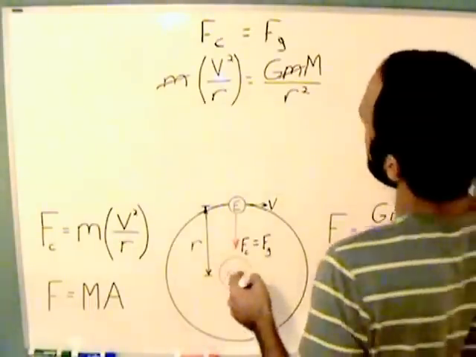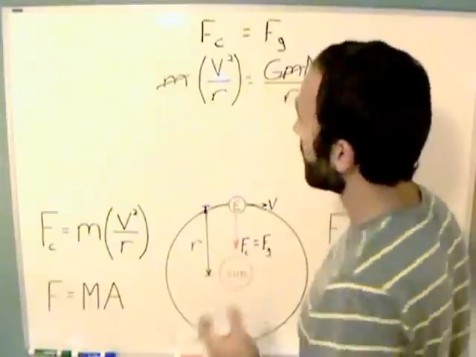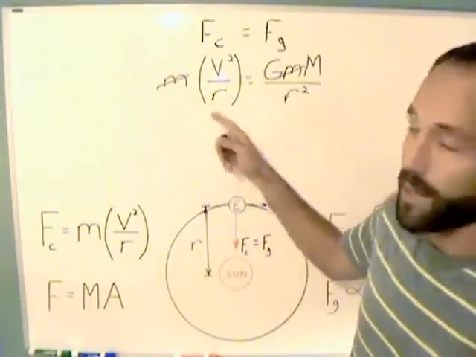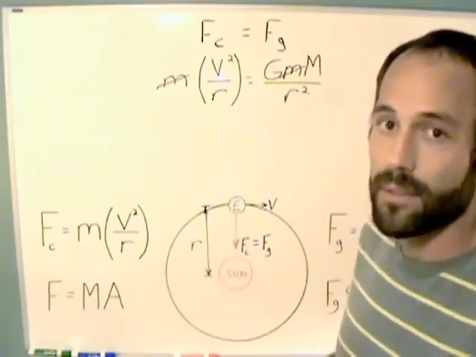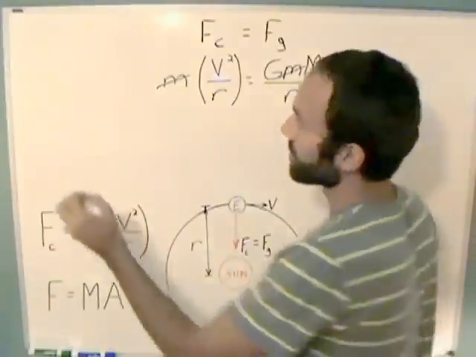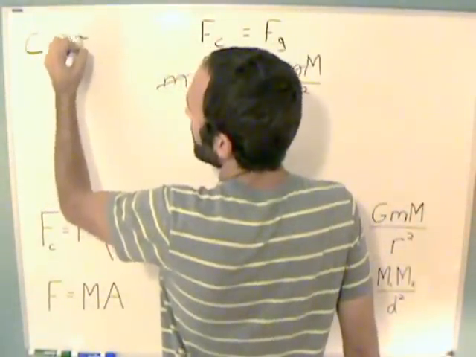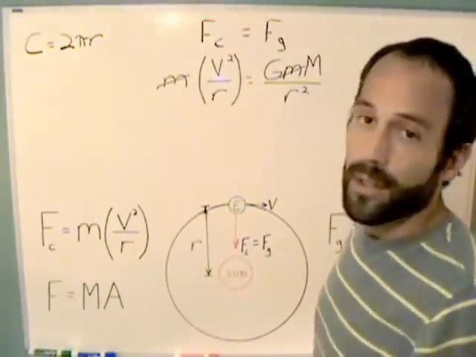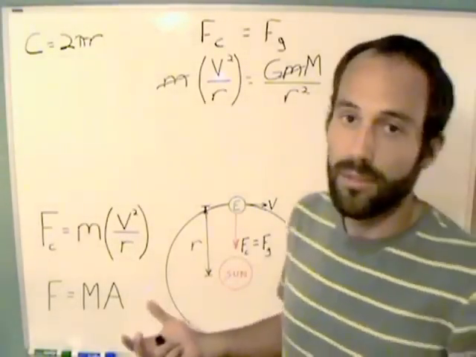So now you have the mass of the Sun, you've got the velocity of the Earth, which you know because you know the radius, and you can calculate the circumference of the circle, or the distance it travels around the Sun, which is equal to 2 pi r. So they already knew the distance, so they can figure out the velocity, because velocity is really distance over time.